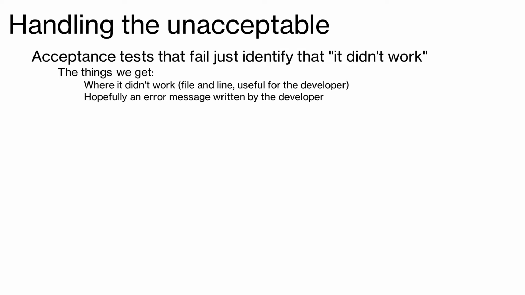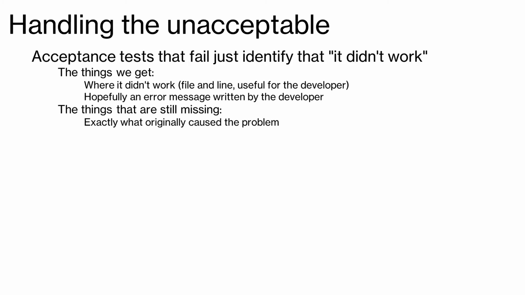And hopefully for the user of the program, it also prints out a sensible error message. But there are some things that we still don't get: exactly what the origin of the error was, which traditional error detection, checking the return value and the exception, would give you, as long as you check everything. And it also doesn't give us the recovery mechanism that we really wanted.